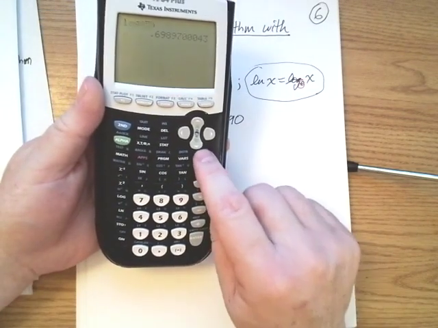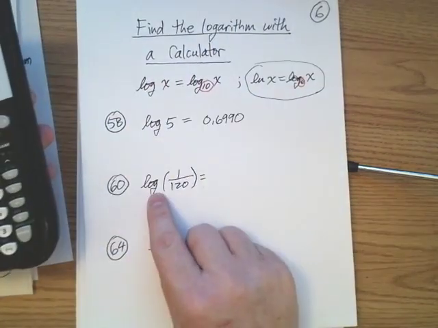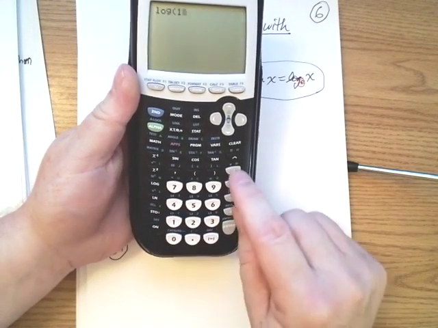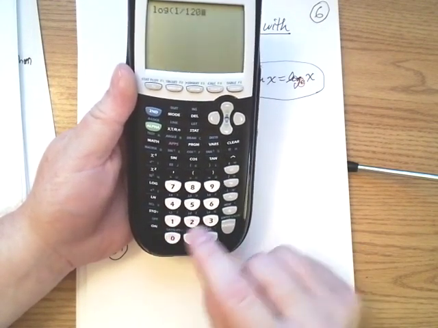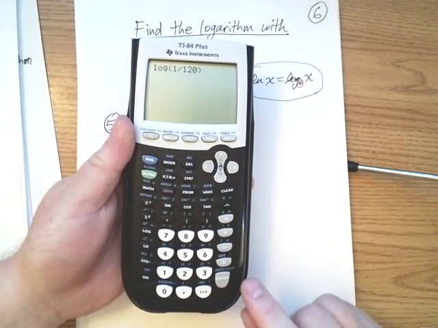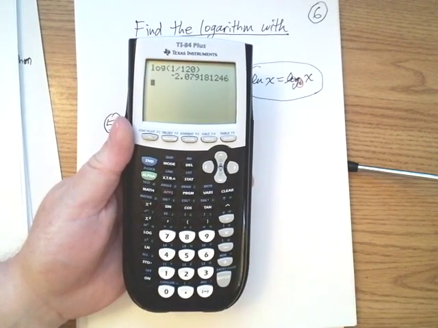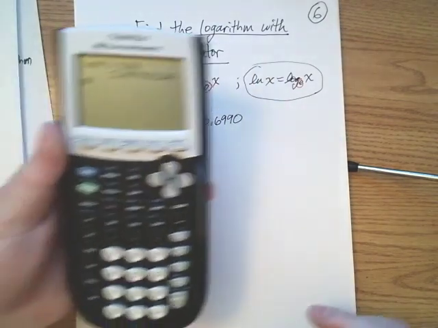Okay, let's clear this out. Okay, log, so I'm doing logarithm base 10 again, of 1 divided by 120. Okay, can you see that? Okay, this is going to end up being a negative number. Okay, once again, I'm going to round to 4 decimal places.